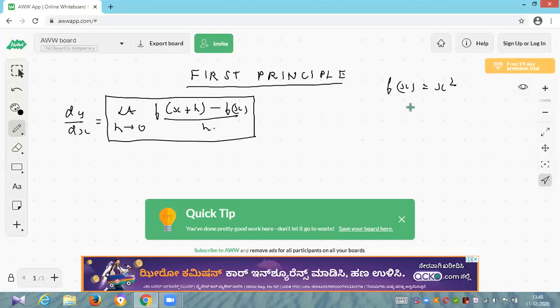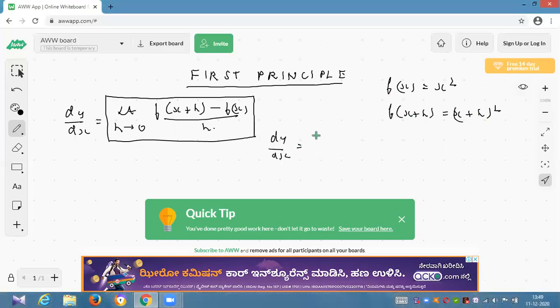If my f(x) is x square, then my f(x plus h) will be (x plus h) whole square. So if I put it into this formula, dy by dx should be equal to limit h tending to 0. Applying this formula, I get (x plus h) whole square minus x square, whole divided by h.